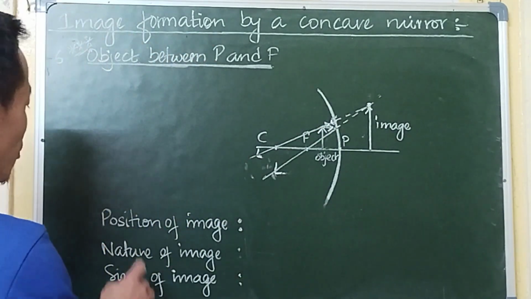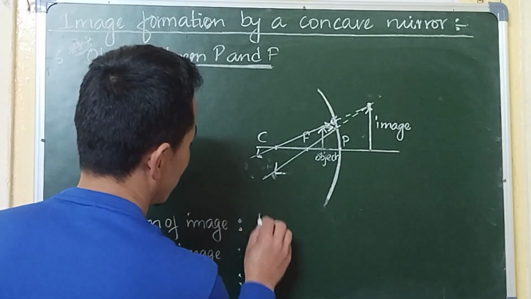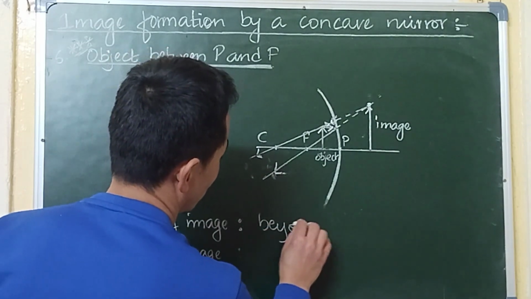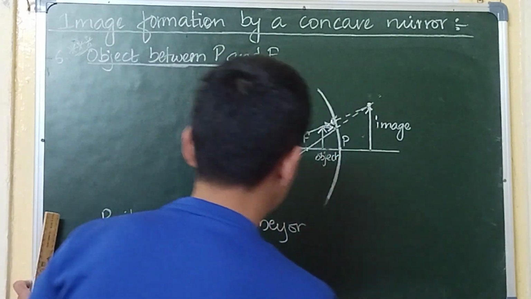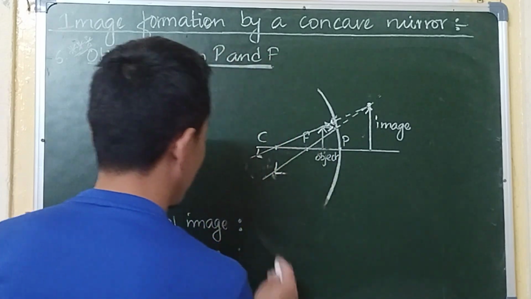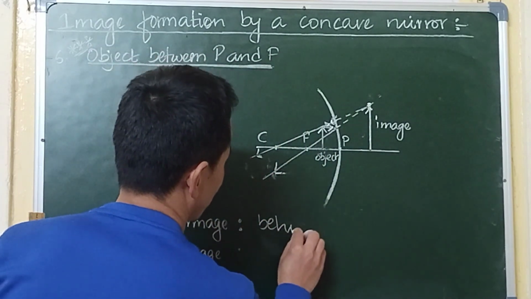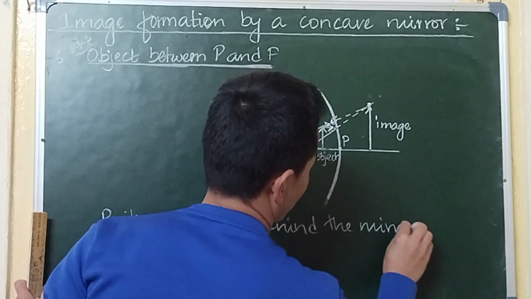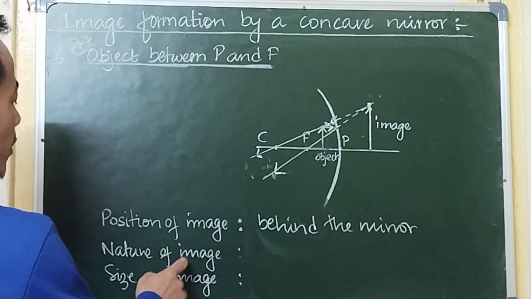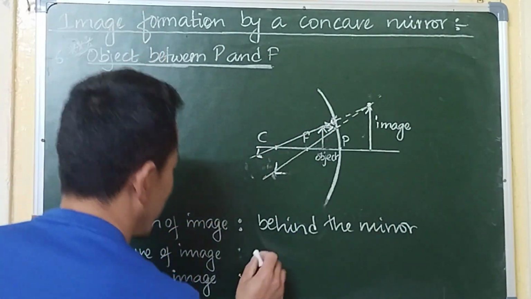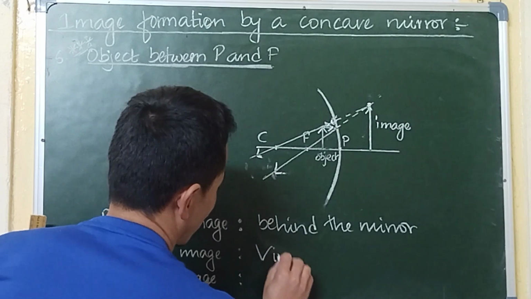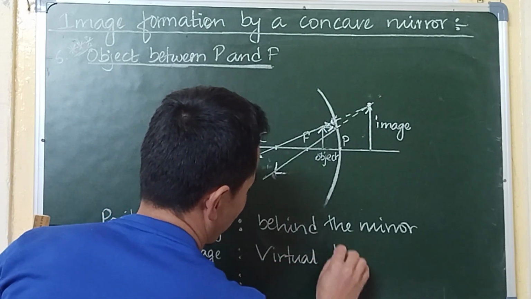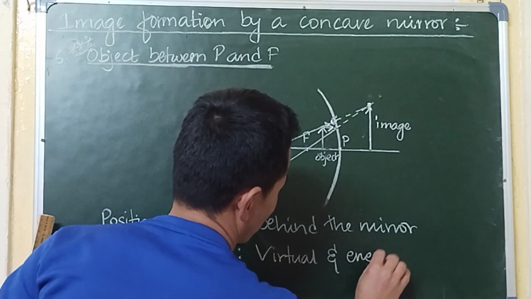So for the position of the image, you can write that it will be formed, instead of beyond, behind the mirror. Next, the nature of the image: as I said, behind the mirror we have a virtual image, and a virtual image is always erect.